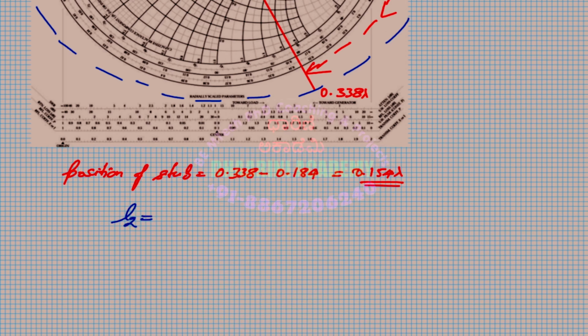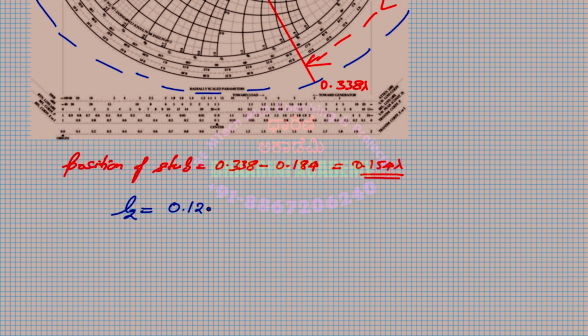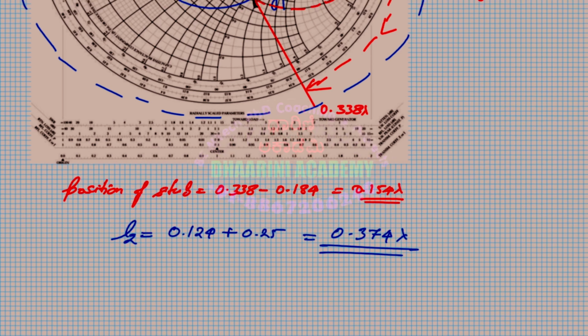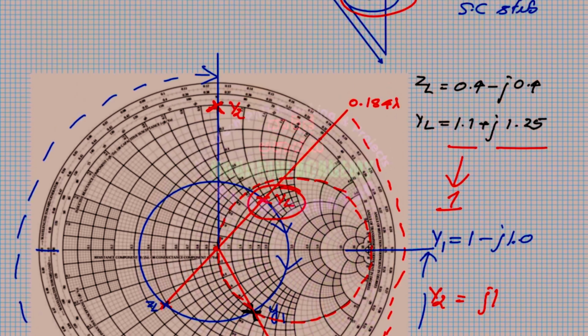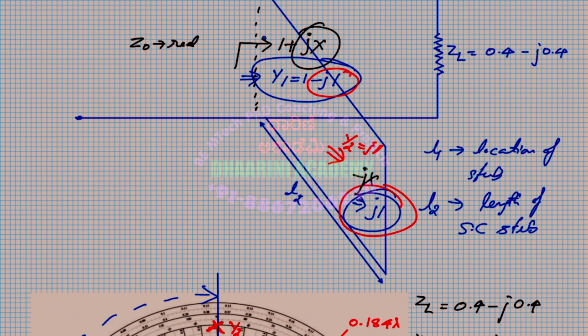To that I am adding 0.124 lambda plus the 0.25, because the lower half complete is 0.25. So that becomes 0.374 lambda. That means the length L2 of this stub, which we have measured now, is equal to this value. L2 we calculated from the graph.